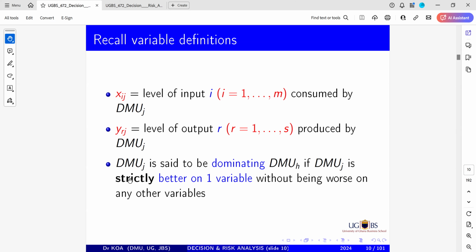So if you look at DMUJ here, and we will show the mathematical writing, the DMUJ is in such a way that it is strictly better on one variable. Strictly, not weakly. Better in one variable, and it's not worse in the other one. So in the other one, it might be less, but it's not worse, because even though it's less, it's weakly better. That is equal to.